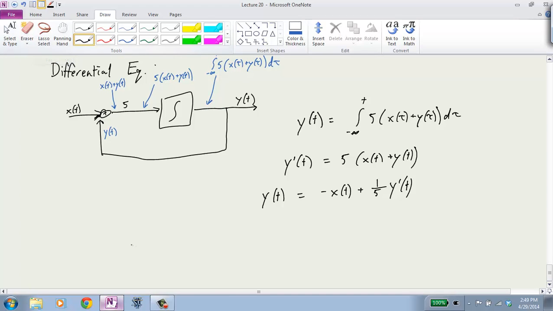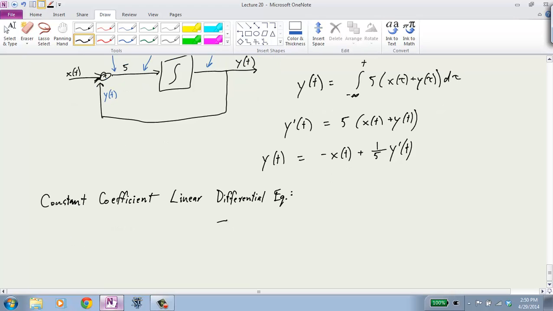Let me write a general form of what's called a constant coefficient linear differential equation. It would be of this form.